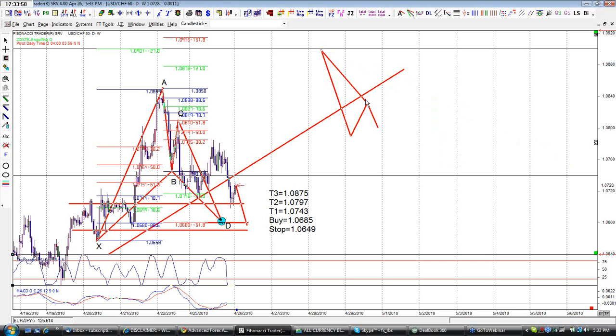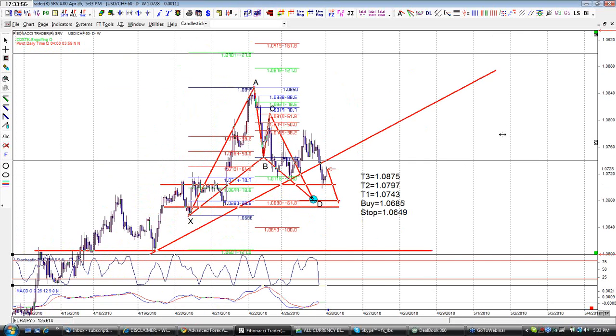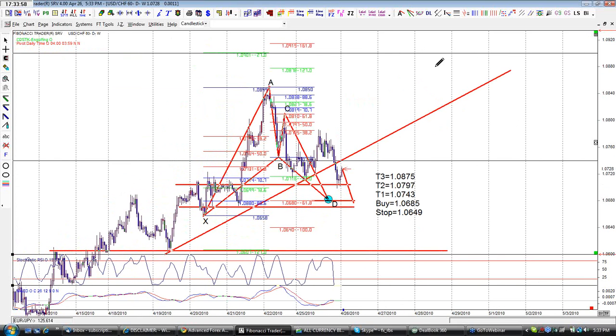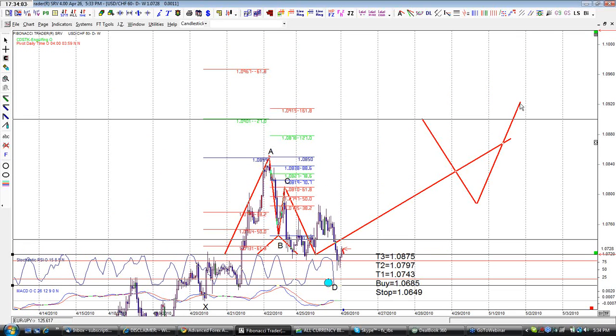And the same thing, if we see just a bounce and then bullish continuation, once we move above this resistance, we can start trading it bullish again.